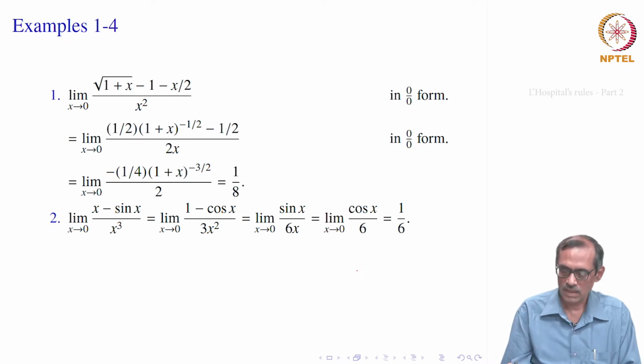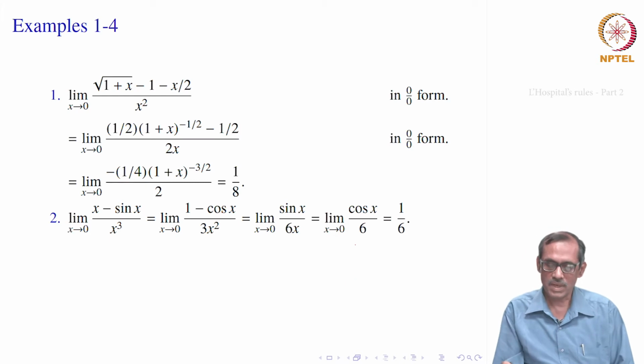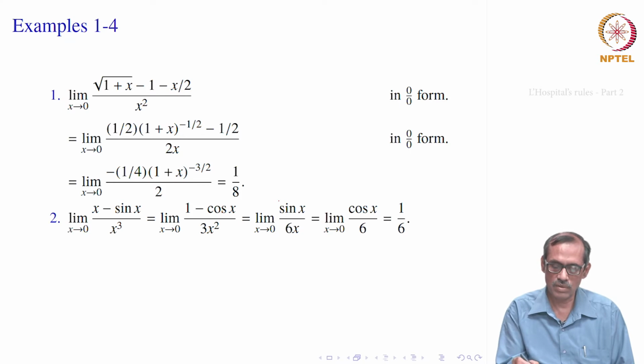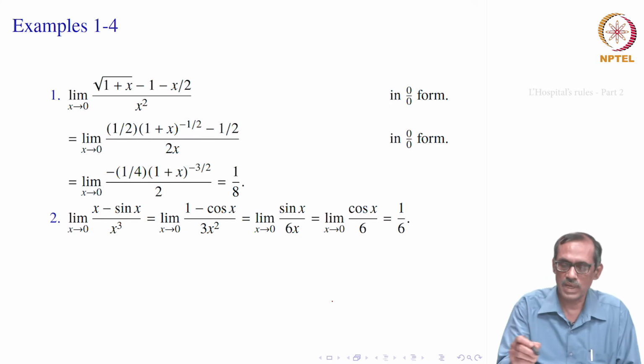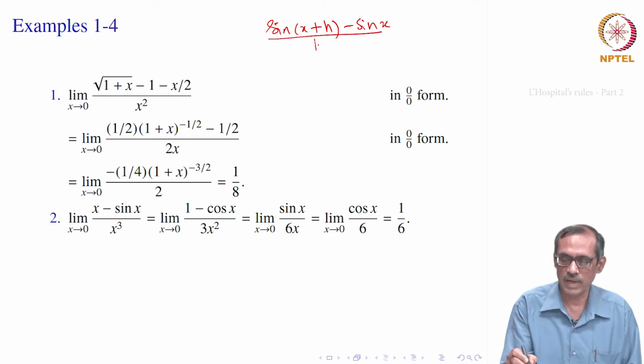However, it is correct, there is nothing wrong, but there is a comment. See, when evaluating sin x by x, what have we done? We differentiate the numerator, that gives cosine x, the denominator gives 1, fine. But there we are really committing some circularity, because how do you evaluate the derivative of sin x? The derivative of sin x will be the limit as h goes to 0 of sin of (x plus h) minus sin of x, divided by h.